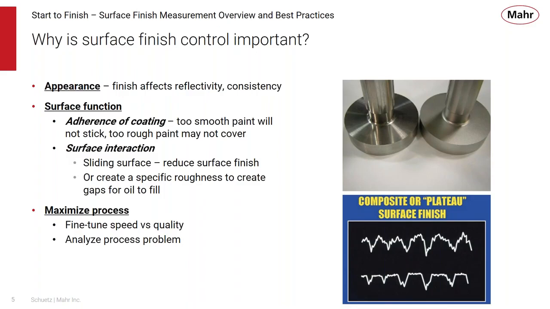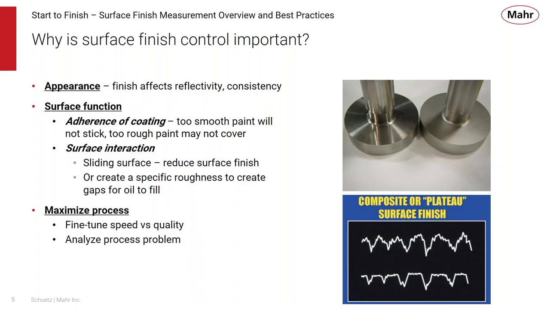And you may want to monitor the surface finish to maximize the process. We'll see how machine parameters, feeds, and speeds affect and create the surface finish. You might want to be able to monitor the surface finish to maximize the processes, but still get the same quality that you want for your part.